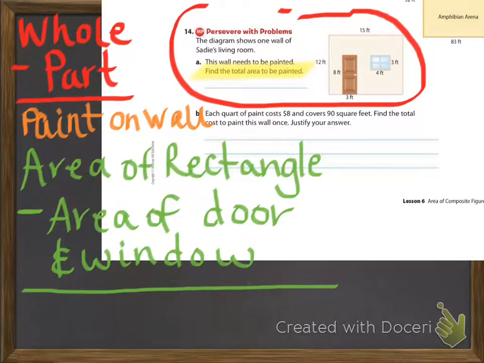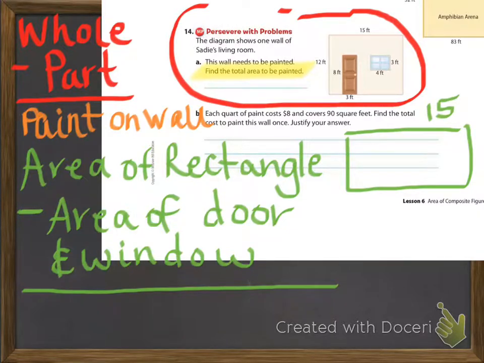Okay, so looking at the area of the rectangle of the larger room, redrawing that shape, you have a side that is 15 and you have a side that is 12, and you would need to multiply and find the area of that large rectangle.